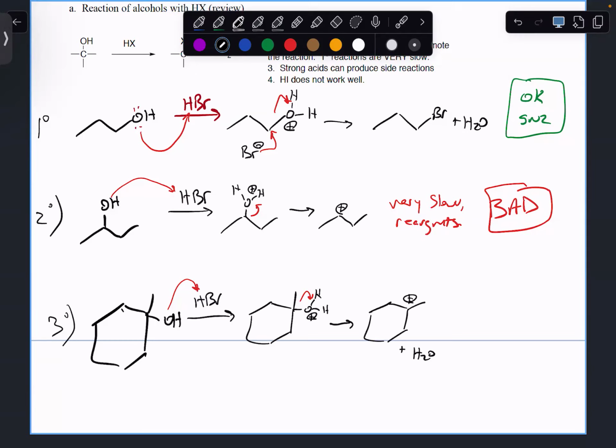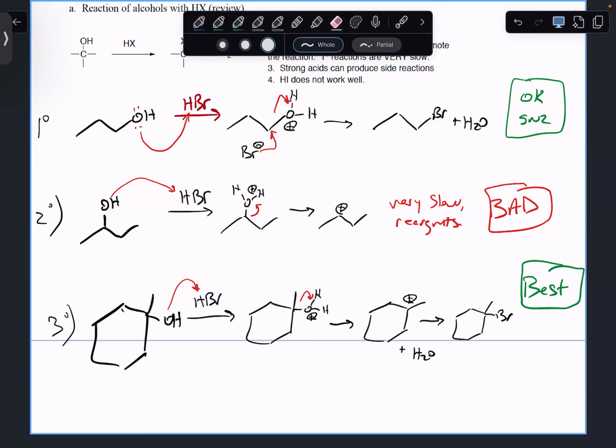Number two, there's no possibility of rearrangement. So once you make the carbocation, the bromide just pops in. That is where this reaction truly shines. If you want to take a tertiary alcohol and make a halide, use HBr.